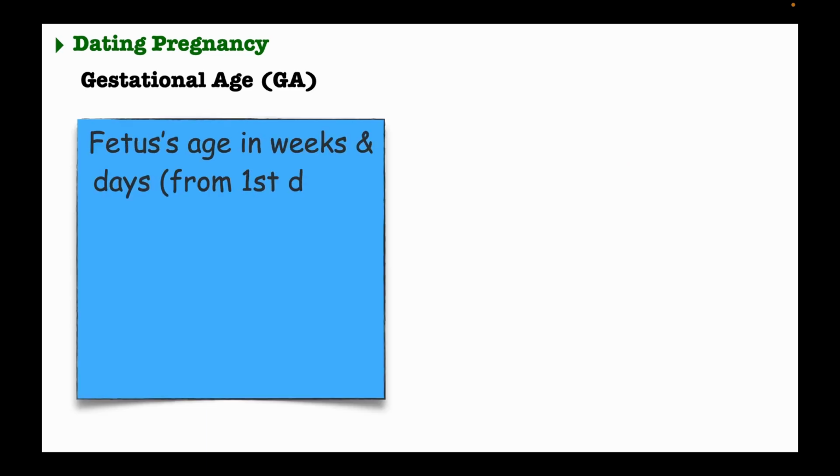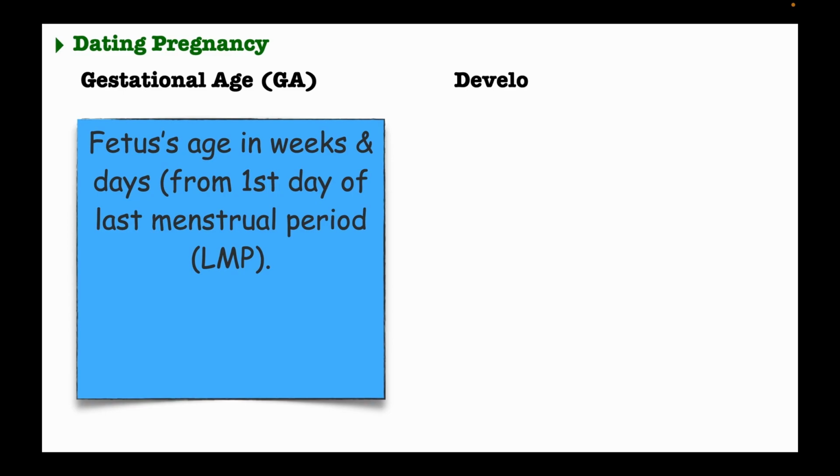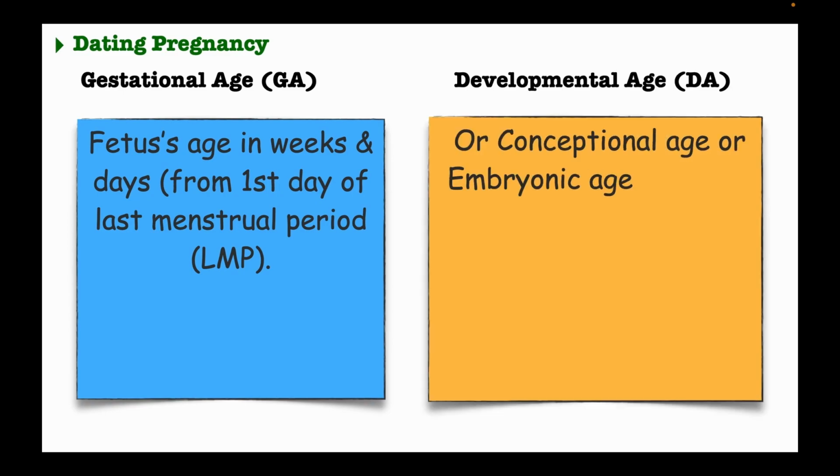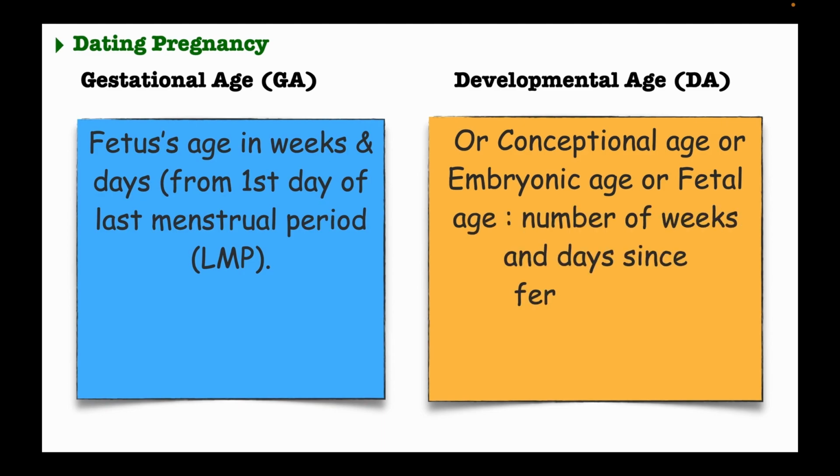In dating pregnancy, the gestational age of the fetus is the fetus's age in weeks and days, which we measure from the first day of the woman's last menstrual period. Now, the developmental age, which is also known as the conceptional age or embryonic age or the fetal age, is the number of weeks and days which has elapsed since fertilization.